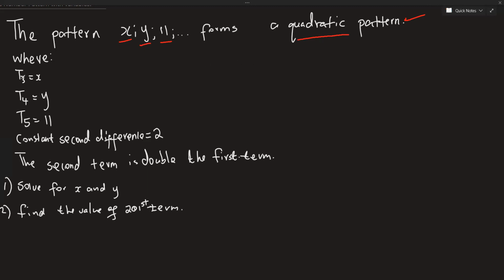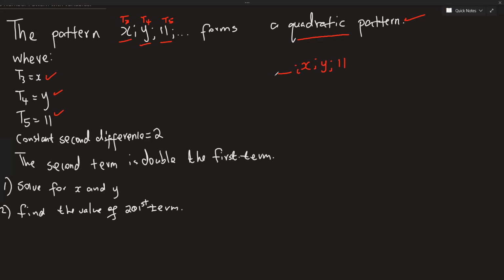Perfect. And then they say where X is term number 3. So this is T3. And then T4 is Y, so this is T4. Then T5 is 11, so this will be T5. Before I even continue reading, I know that I have X, Y, 11.